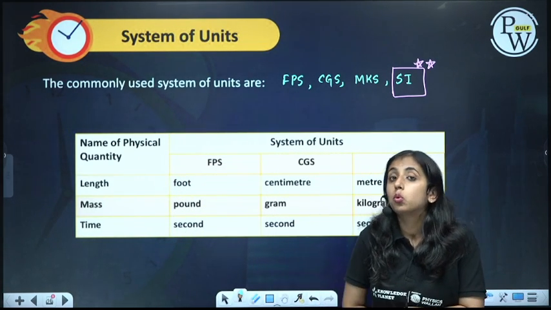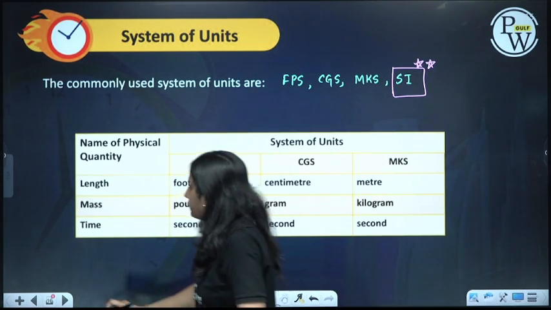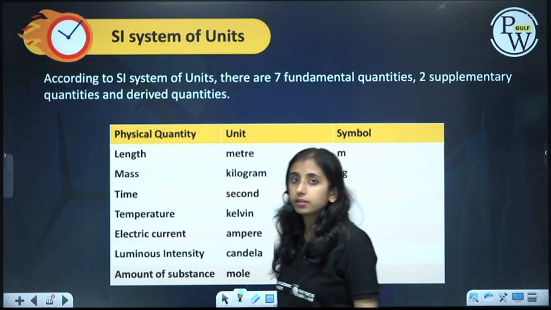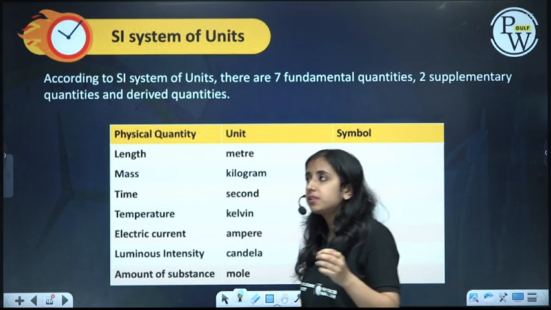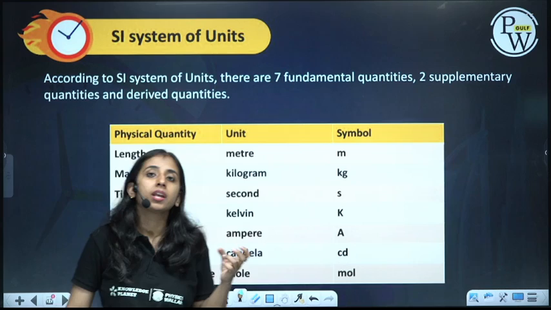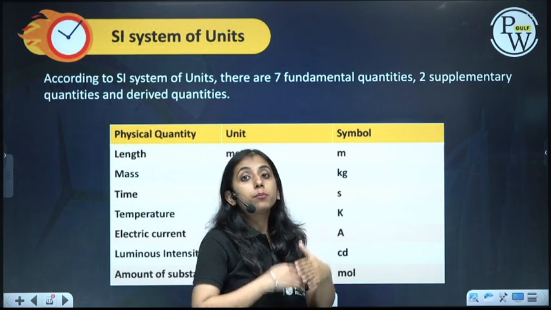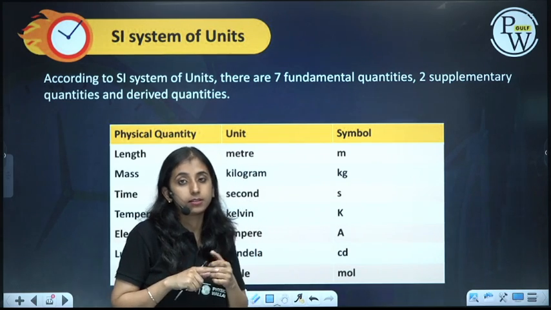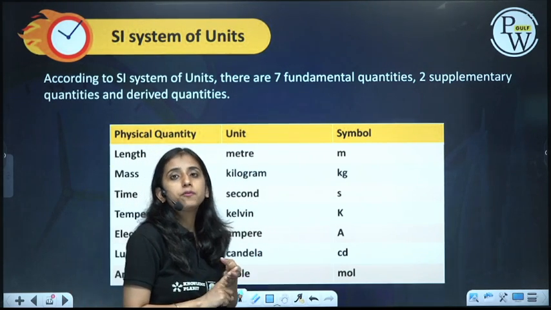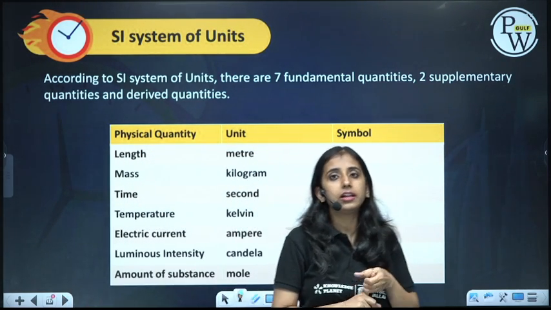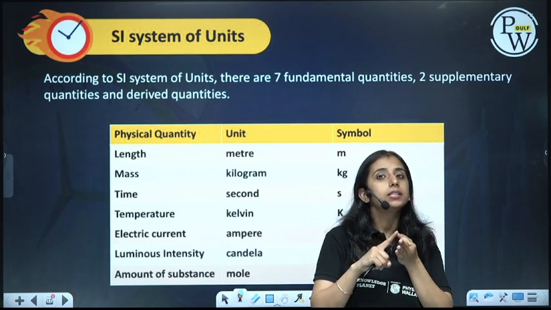Now only one system is left, that is the SI system. How is the SI system different from the MKS system? The SI system is a better, modified version of the MKS system. In the MKS system, we defined only three fundamental quantities: length, mass and time.